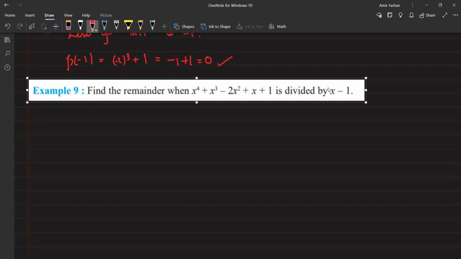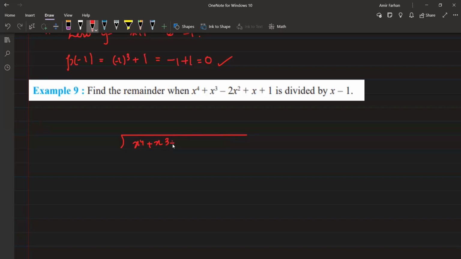So what you need to do, you just need to divide it. The first thing which comes to your mind is to just write down the things.